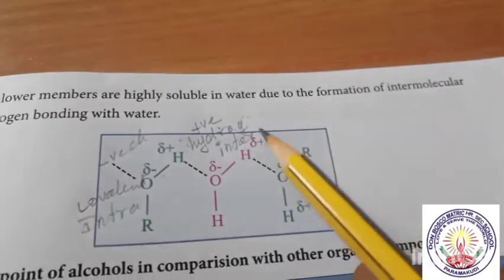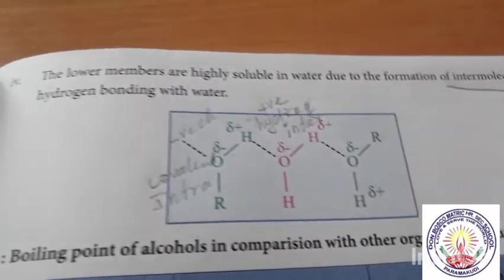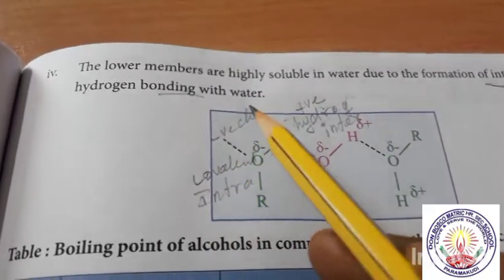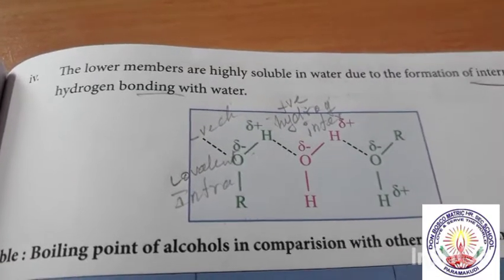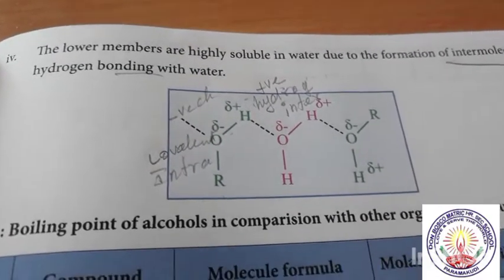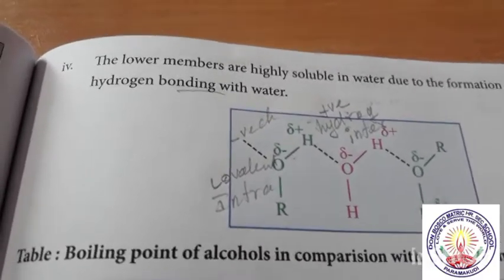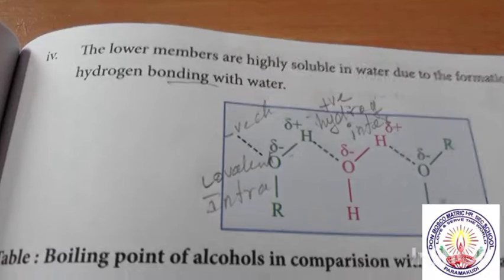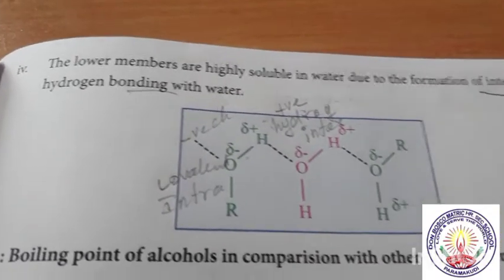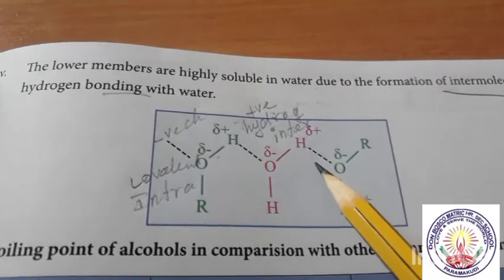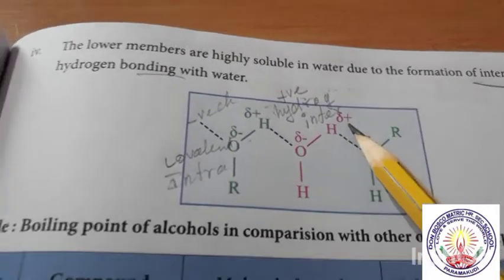Now you see, due to the formation of intermolecular hydrogen bonding with water, this is highly soluble in water. Lower members, that is, alcohols with fewer carbon atoms, have intermolecular hydrogen bonding, so they are highly soluble in water.